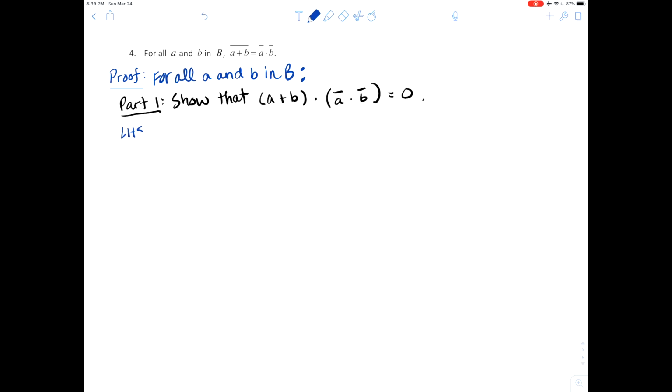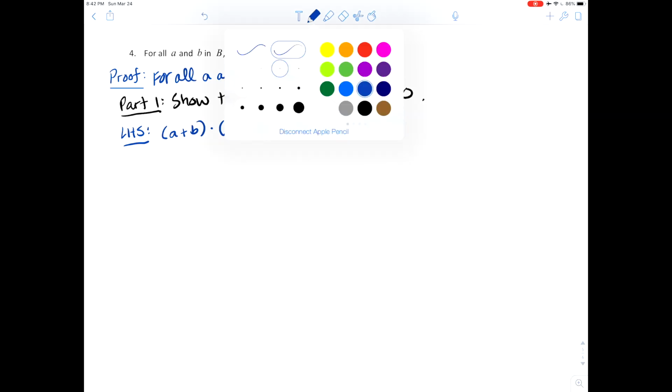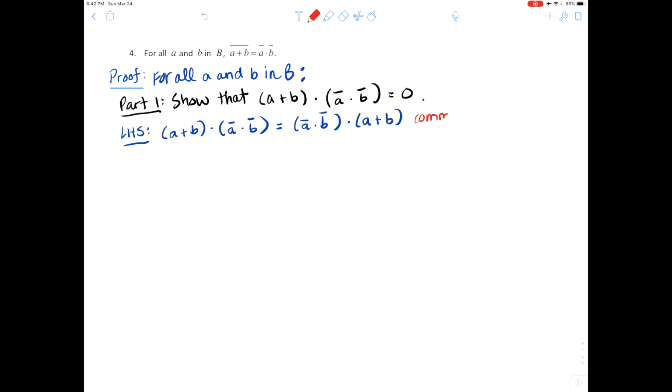Okay, so let's do this. The left-hand side of part one is A or B and not A and not B. And that in turn is equal to, let's start with commuting these, because I think it'll be easier when we use the distributive property if we first commute these two. So commuting them, we'll have not A and not B, that quantity, and A or B, by the commutative laws.